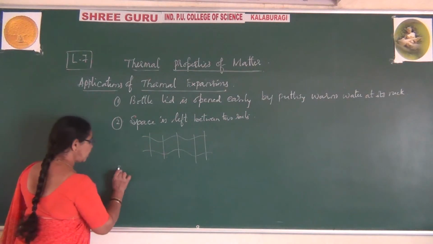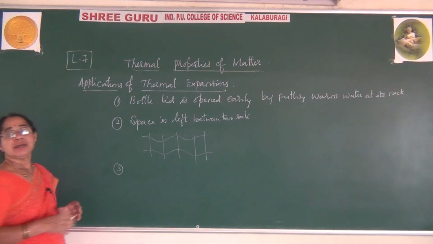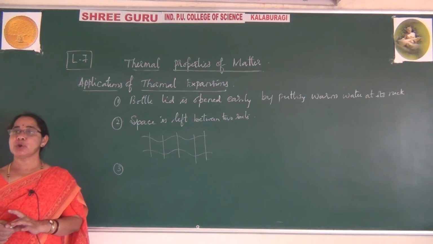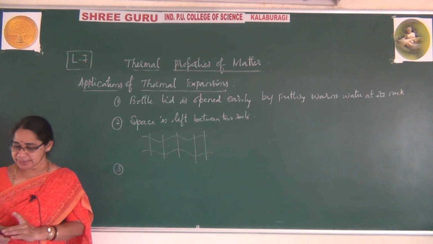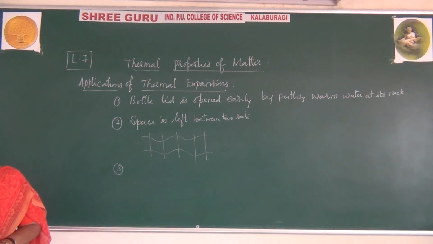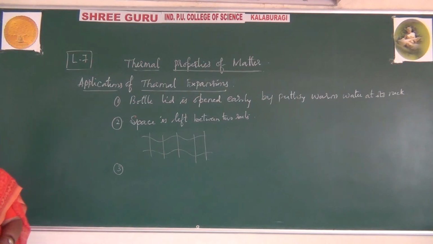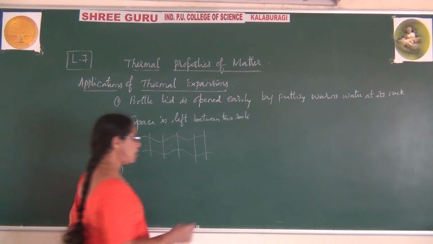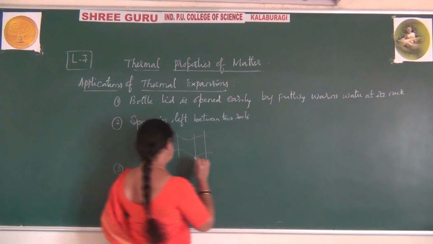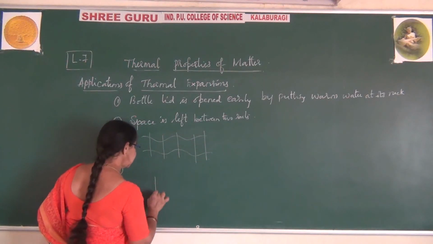What is the third point you can observe here? The bridges and the roofs are made up of steel. Roofs are made up of steel, and the steel girders are put on rollers. What do I mean by steel girders being put on rollers?